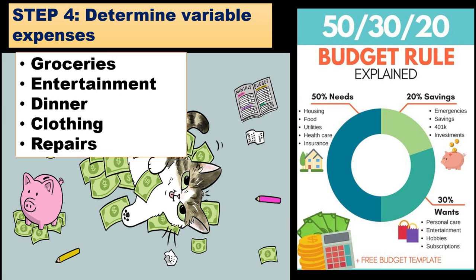30% of your income should be used for flexible spending. This is everything you buy that you want, but don't necessarily need, like money spending on movies or travel or too much leisure. Why that 50-20-30 rule works.